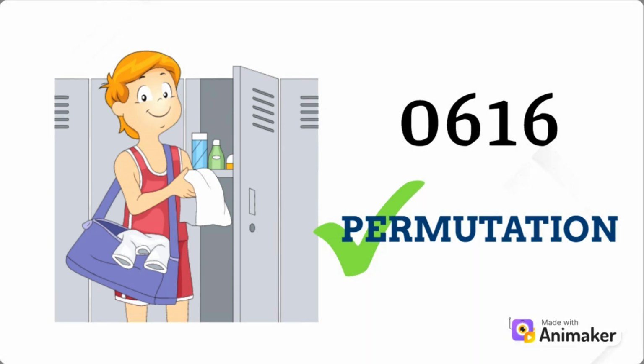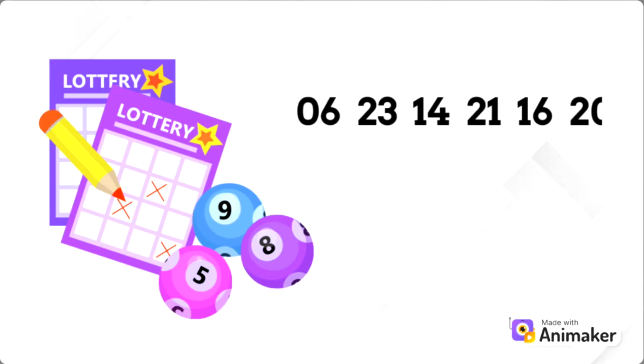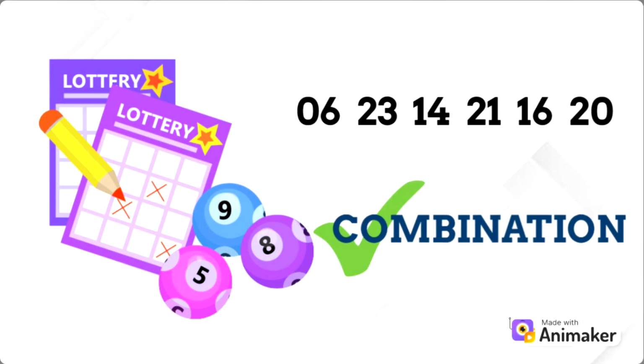Example number 2. The lottery numbers are 6, 23, 14, 21, 16, and 20. Is this a permutation or a combination? You are correct. This is an example of a combination.